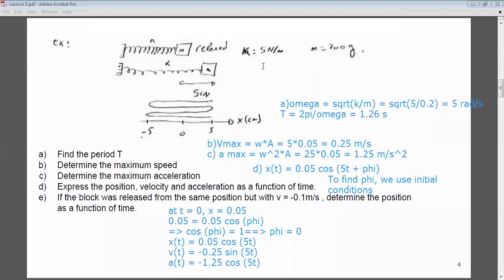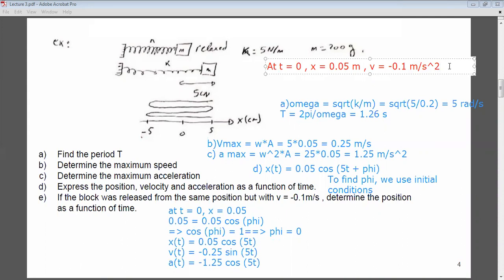At t equal to 0, x is still 0.05 meter, but V is minus 0.1 meter per second. Here I have to pay attention that when it is at 5, the velocity is negative, okay?